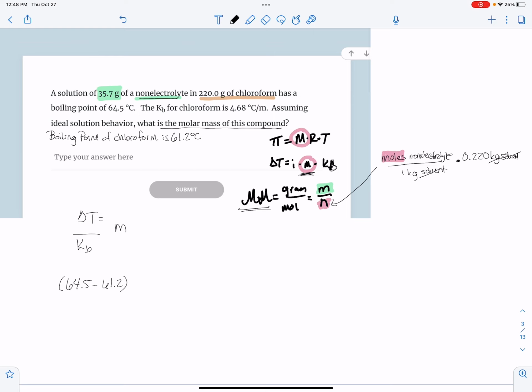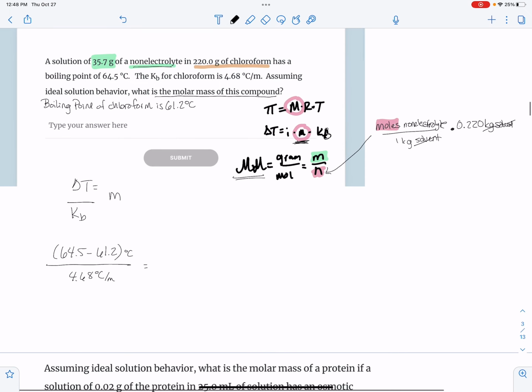Even in the freezing point problems, if you do final minus initial, you'll end up with a negative, but as we've talked about, there's technically a negative in the equation to get rid of that, or you can just know that the delta T term is considered an absolute value in this setting. So there's our temperature change. Then our KB is 4.68 degrees Celsius per molality. Notice that's degrees Celsius, so when you're dividing by a divided-by unit, that puts our molality on top. That's going to give me my molality.